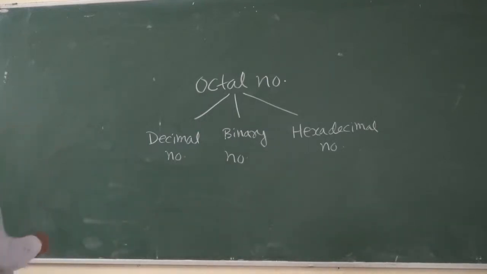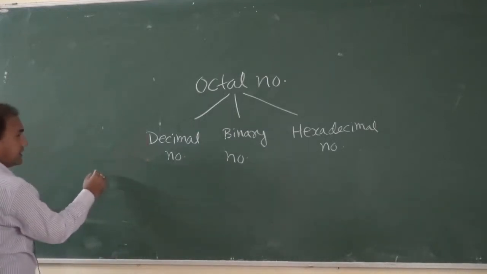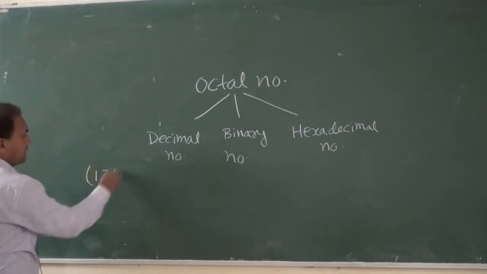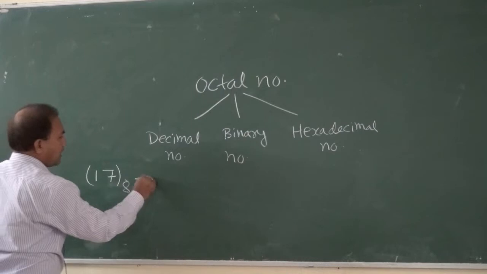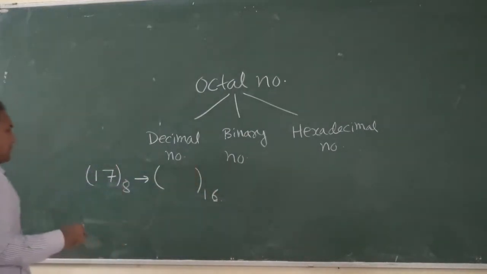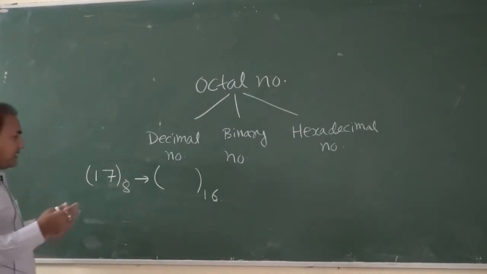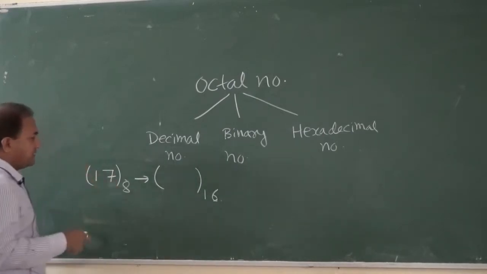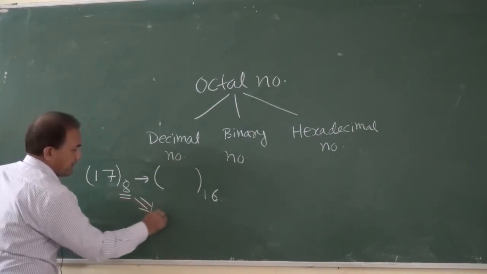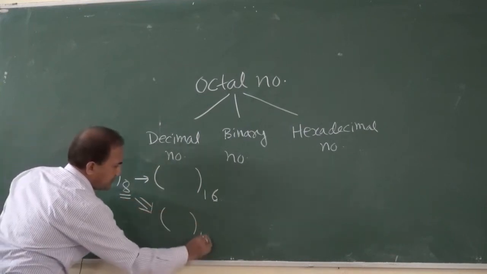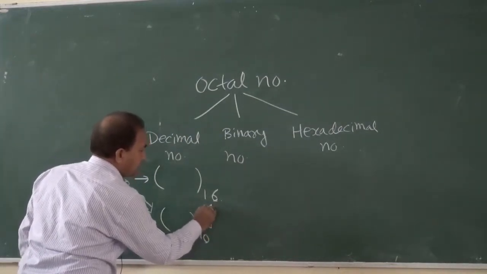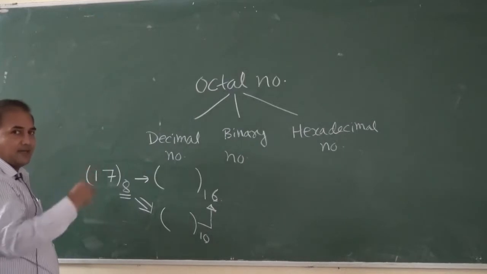And the last is octal to hexadecimal. Suppose the same number 17, which is in octal, how can you convert it to hexadecimal? You can convert it by using 2 methods. First, you convert this to a decimal number, and from the decimal number you can convert it to a hexadecimal number.